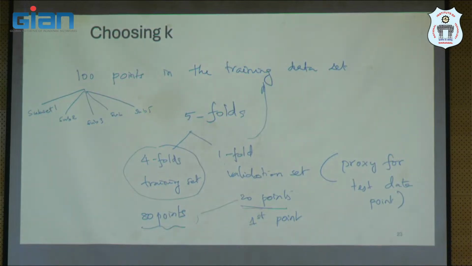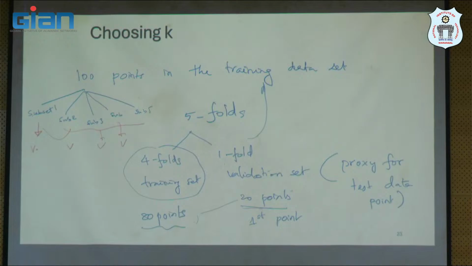You should do this entire k selection by running the algorithm 5 times, by considering this as validation set initially, and the remaining as training set. Then you will make subset 2 the validation set, the rest would be training set. Subset 3 as validation set, the rest of the 4 would be training set. And so on for the others.